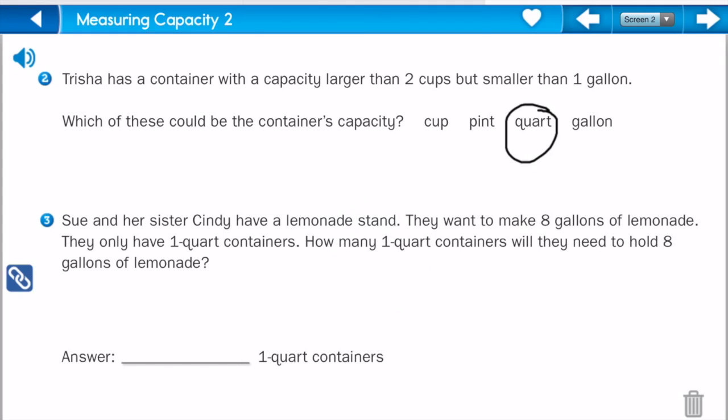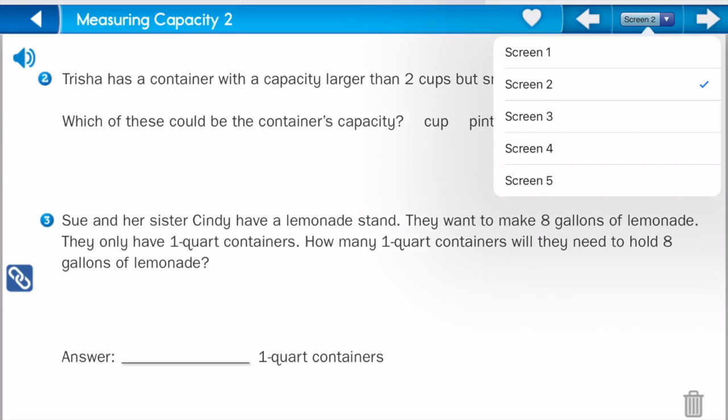All right. Sue and her sister Cindy have a lemonade stand. They want to make 8 gallons of lemonade, but they only have 1-quart containers. How many 1-quart containers will they need to hold 8? So they want to make 8 gallons. So we need to see how many quarts are in 1 gallon.